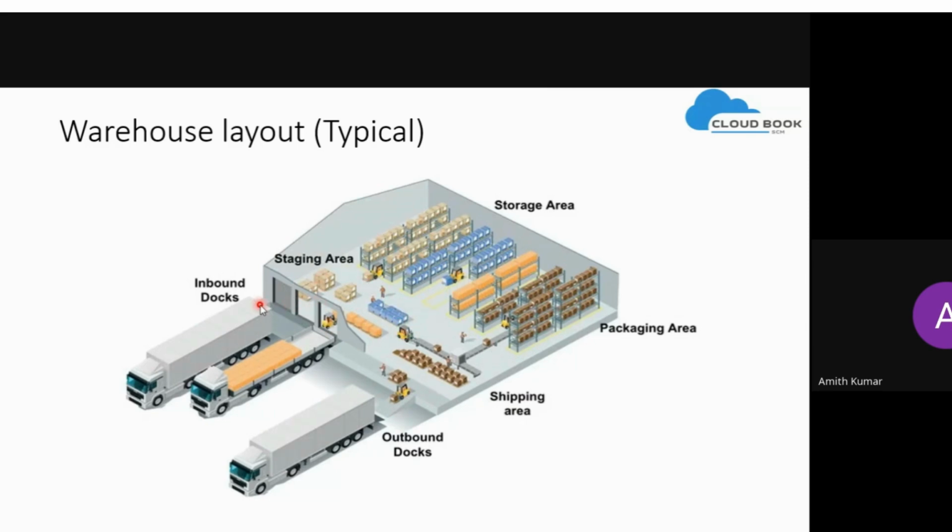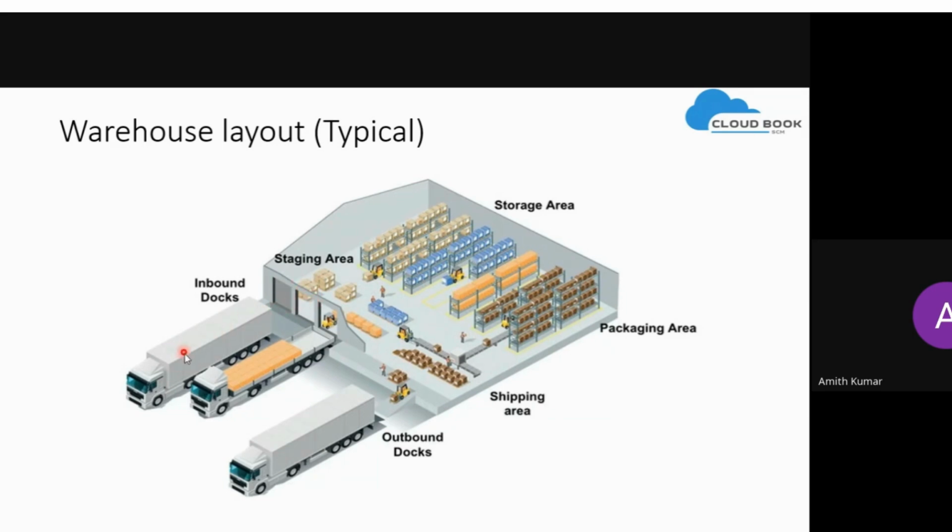So in a warehouse, we have some important areas. We will have the inbound area. Inbound area in the sense, whenever we receive any goods from a supplier or from any external party, those goods will be received in this particular area.